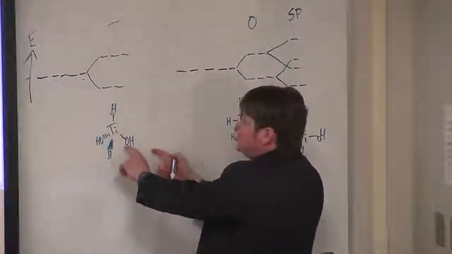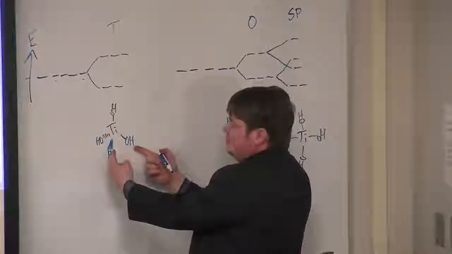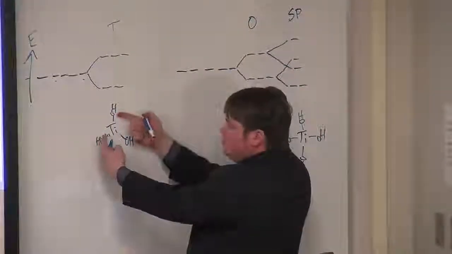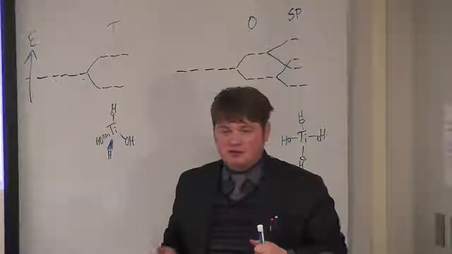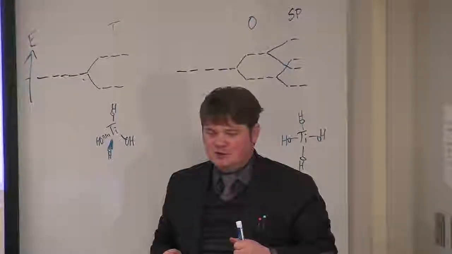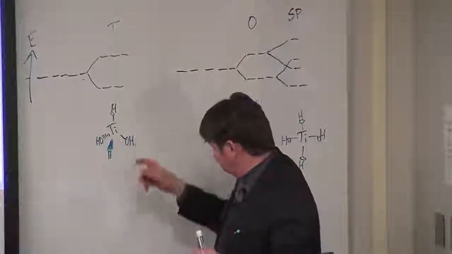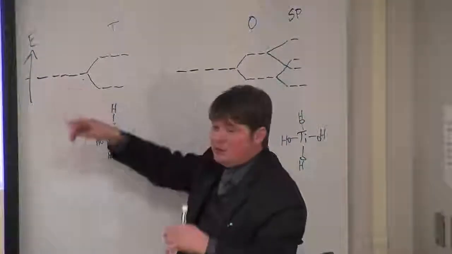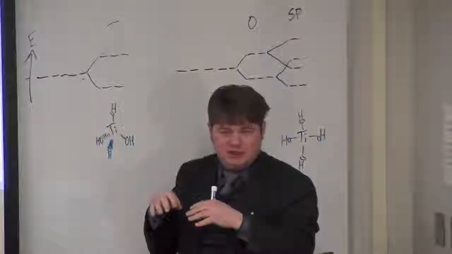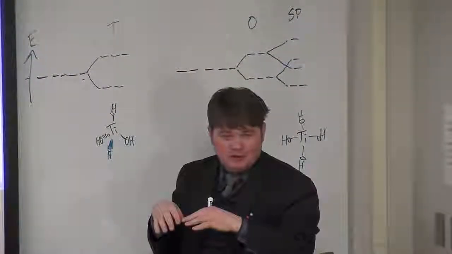But due to the interaction, due to the electrostatic field exerted by these additional parts of the molecule, and chemists like the word ligands, the energies of the orbitals split. Some of them get higher energy, some get lower energy.